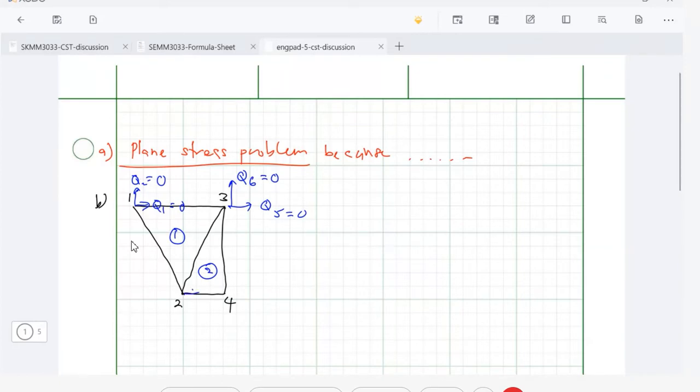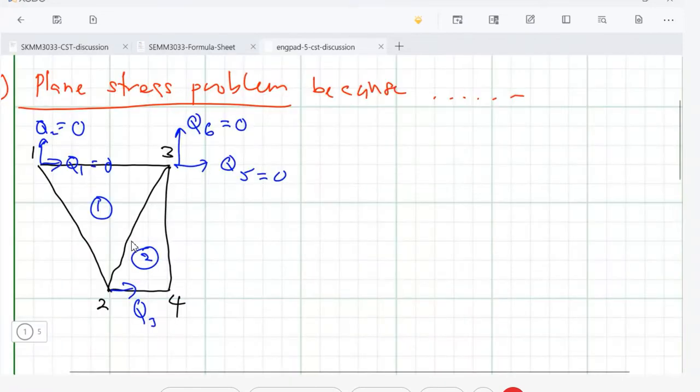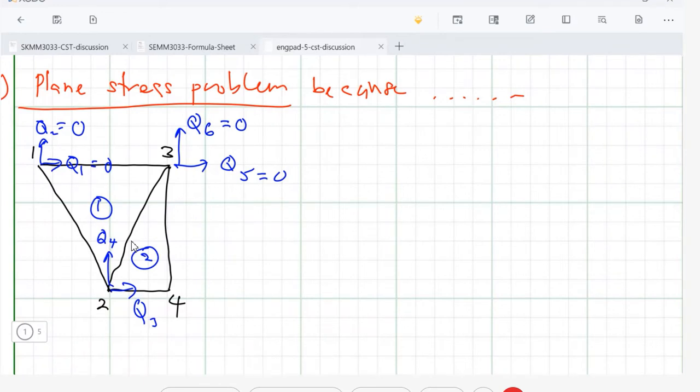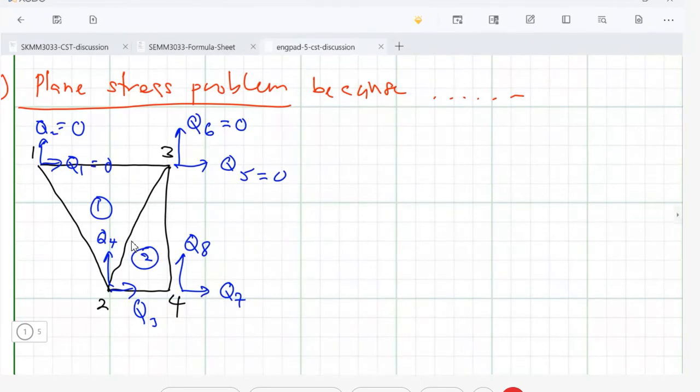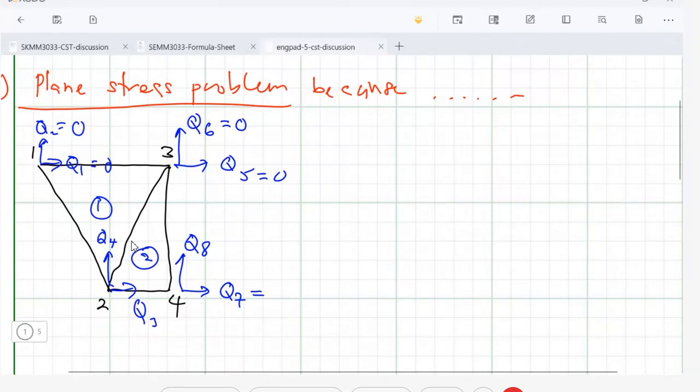And this is Q3 and Q4, our unknown DOF, and we have Q7 and Q8. Note that for Q7 we have a boundary condition. What is the boundary condition for Q7? Roller.